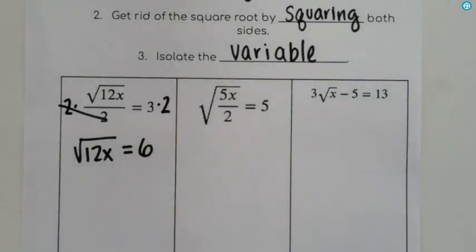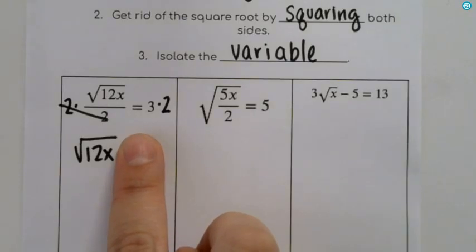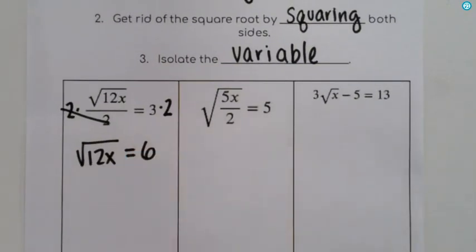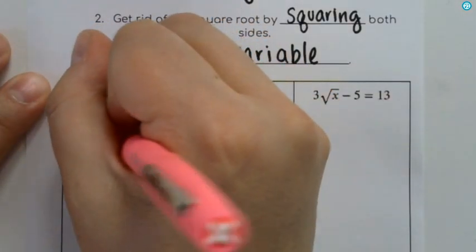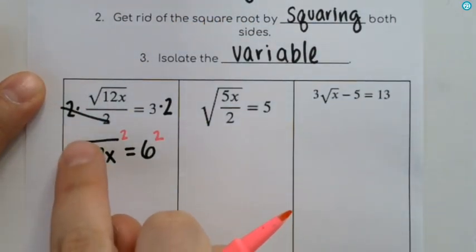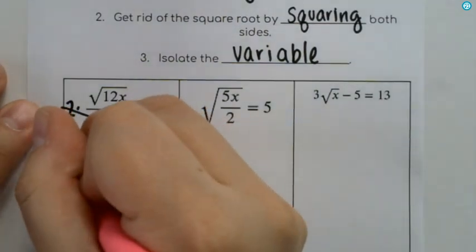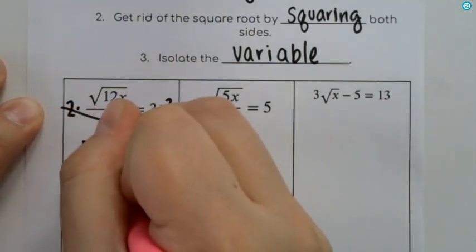Okay. Now, what is outside of my square root? Nothing. So I've got that equals 6 there. We can ignore that. On the left side of my equation, there is nothing outside of my square root. So that means I'm ready to get rid of my square root. So I can square both sides of my equation. So square here, square here. This square root and square cancel each other out. So all I have left on the left is 12x.